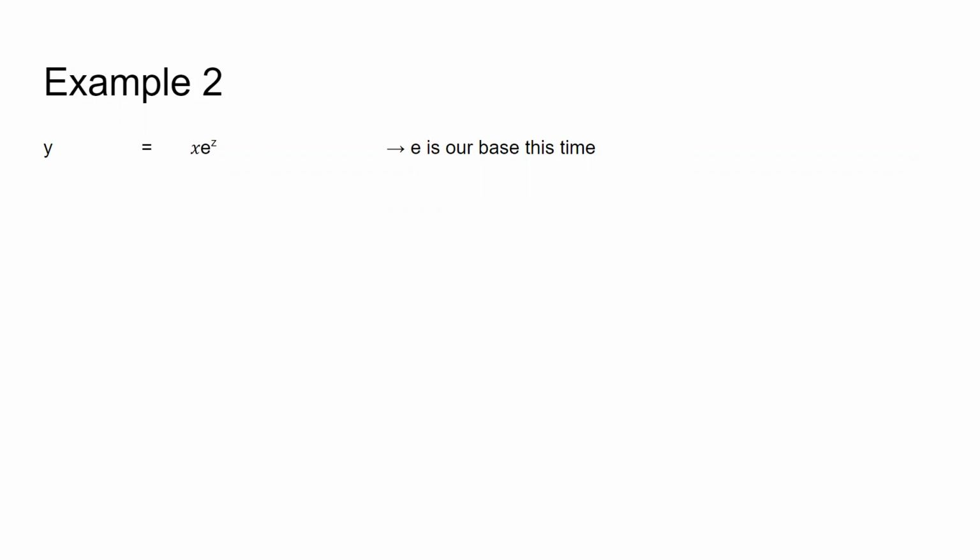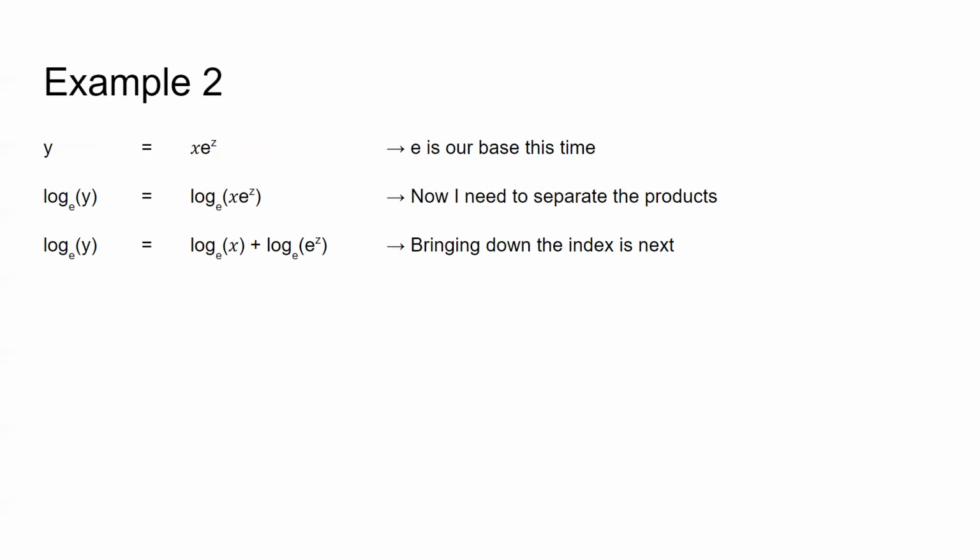Right, let's see how you've done. With e being our base number, I'm going to take a log to the base e of both sides first. Gives me this. Now I'm going to separate the products on the right-hand side, the x from the e to the power z, and I'm going to do that with addition. And then I'm going to bring down the index number and multiply it by the log e of e.